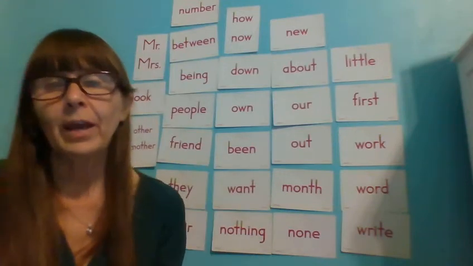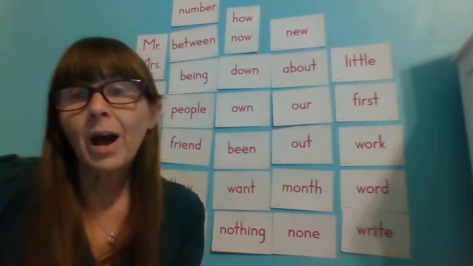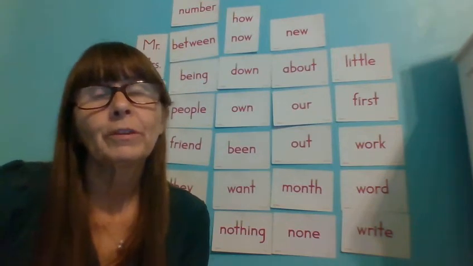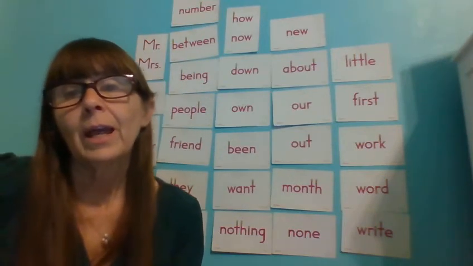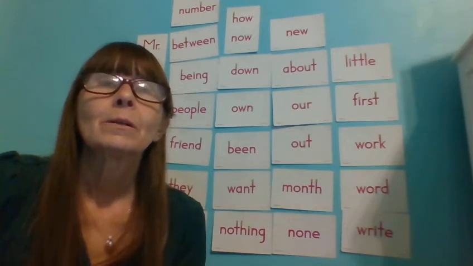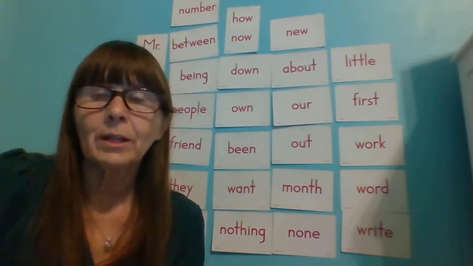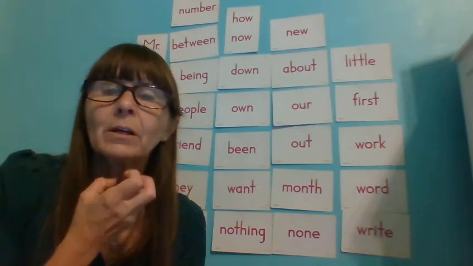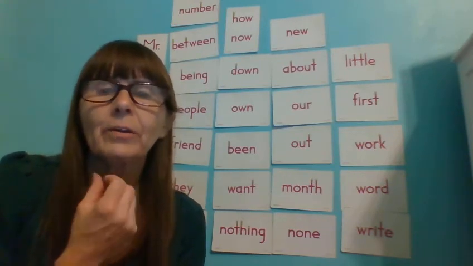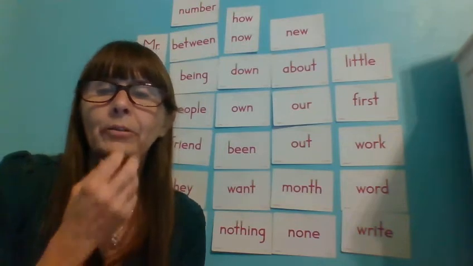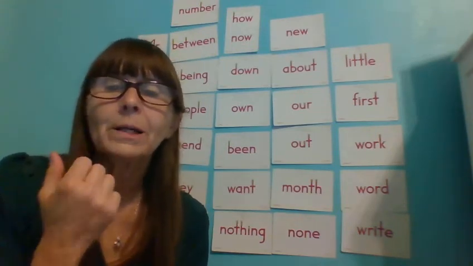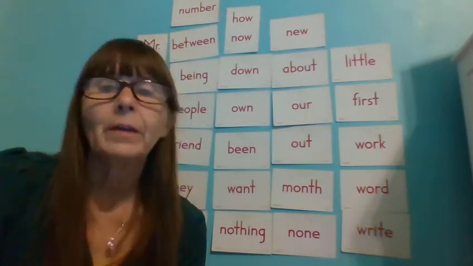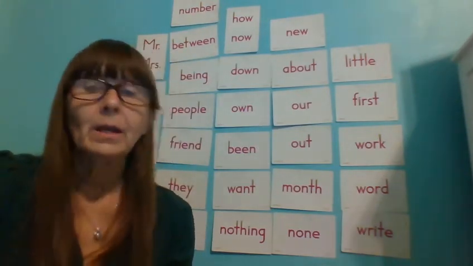The rest of the time it either says t or d. So if it's coming after what we call an unvoiced letter, like a P, unvoiced because it doesn't have that grr sound to it, it's more of a puffy sound. So we say jumped, and the ed sounds like a T.